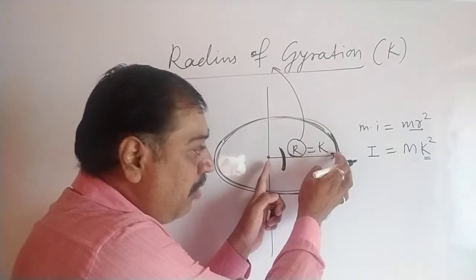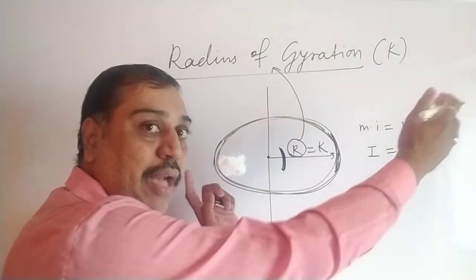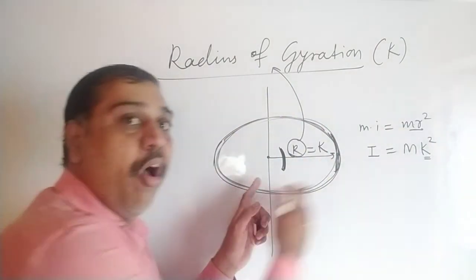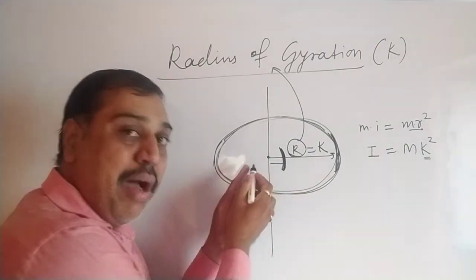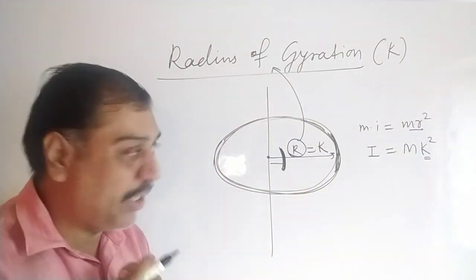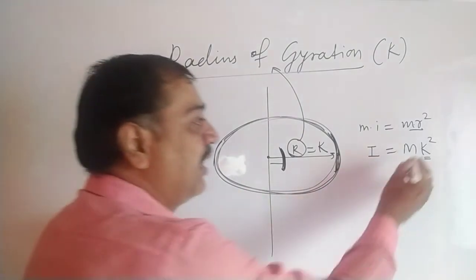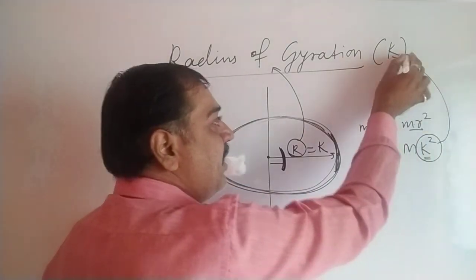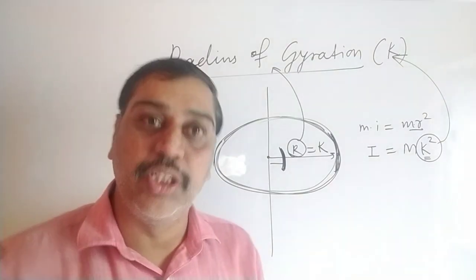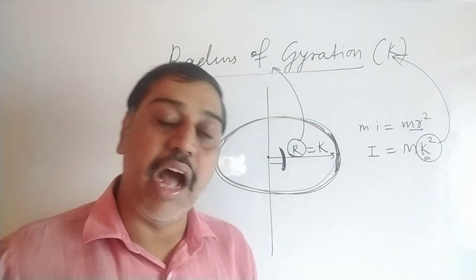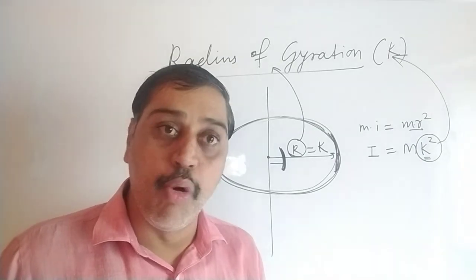If k is more, the mass is distributed far from the axis of rotation. If k is small, the mass is distributed close to the axis of rotation, and that is the meaning. This k is said to be the radius of gyration.